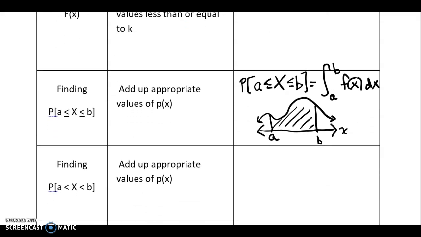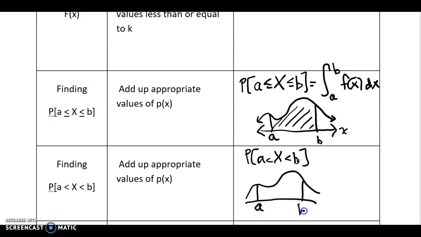What about this one? Finding the probability x is between a and b, but not including a and b. Let's think about that. Well, remember, probability is area under a curve. How much area do those lines have at a and b?